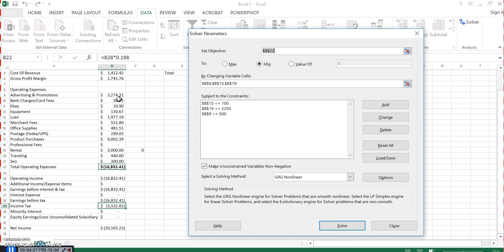Since the advent of social media, you're not going to be as inclined to spend that much money when you could basically do your own marketing and promotions online and pocket the remainder. My objective at this point is to see where I would be in terms of total operating expenses with some constraints, so I set it to the minimum. My variables are B9, which is advertising and promo, B15, which is office supplies, B19, which is venue rental.